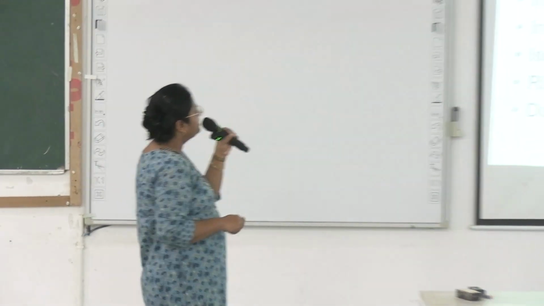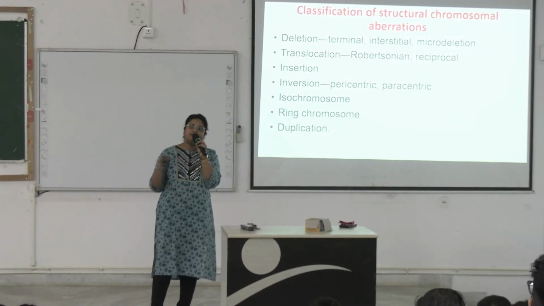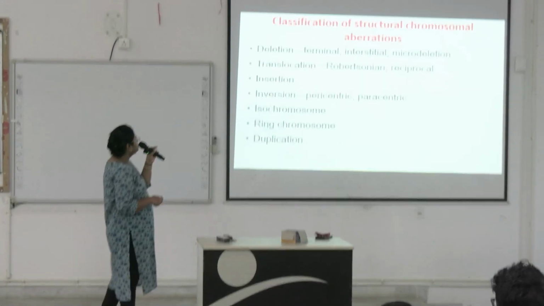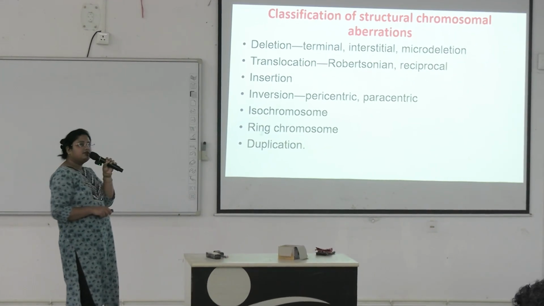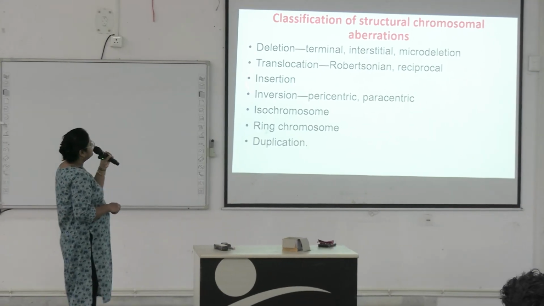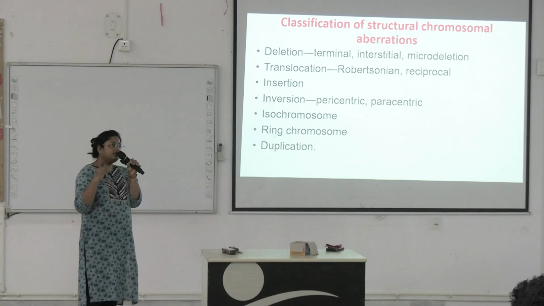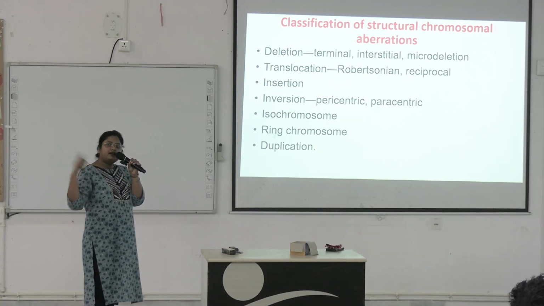Next is translocation. Translocation means there is an exchange of genetic material between two chromosomes. This is again of two types: Robertsonian translocation and reciprocal translocation. Next is insertion. Insertion means some part is inserted into a chromosome, and that may be a deleted part of some other chromosome.